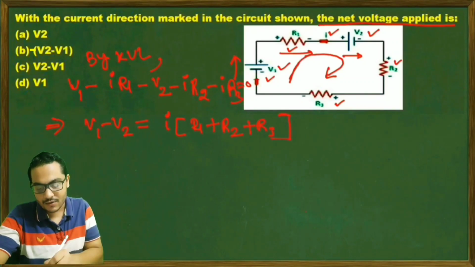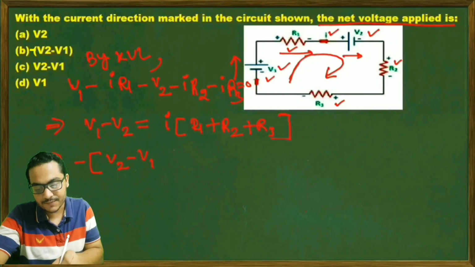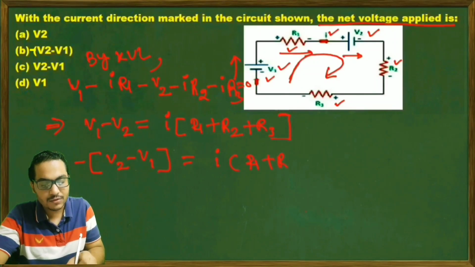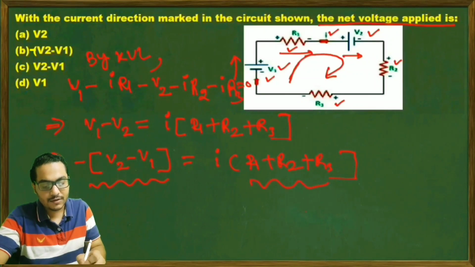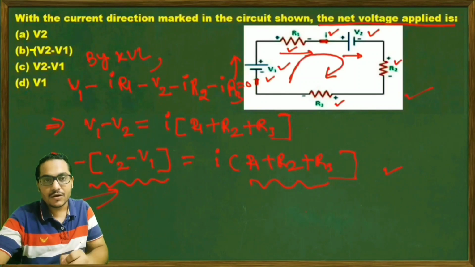Now let common minus from this side, this is V2 minus V1 equal to I into R1 plus R2 plus R3. Now this is the voltage and this is the total load. So this is basically Ohm's law. So the total voltage is applied to this network. So the option B is your right answer.